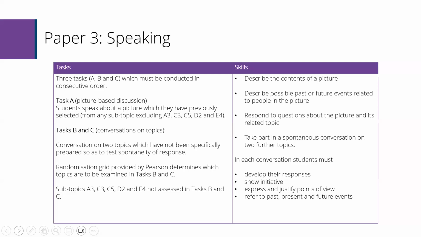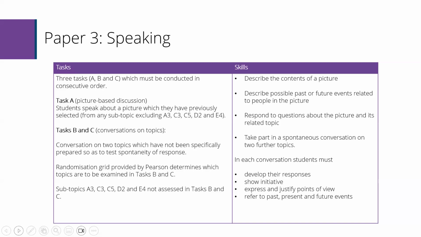So task A is a picture-based discussion, and students speak about a picture which they've previously selected, so they can choose them. But just be mindful that on the list of topics with subtopics with the asterisk, they're not allowed to choose a topic that goes in there. Okay, so they can select from any subtopic other than those 3.